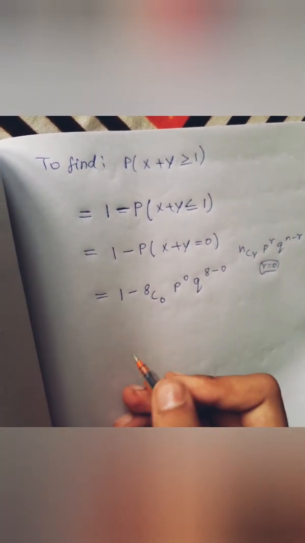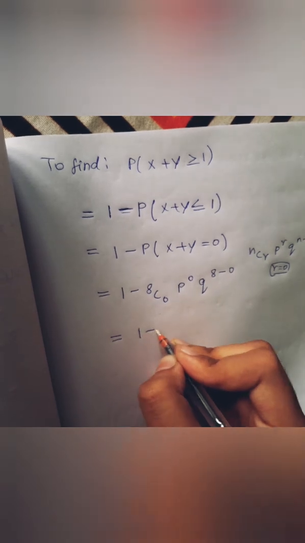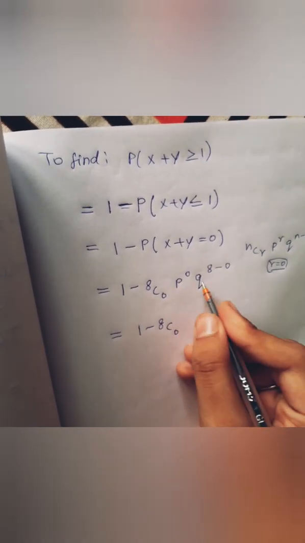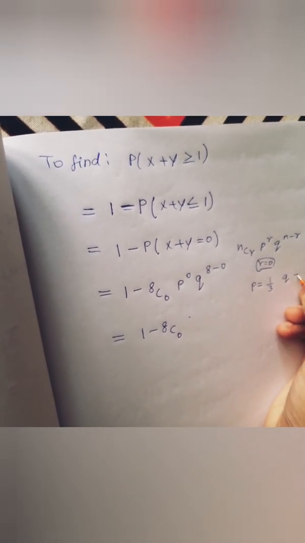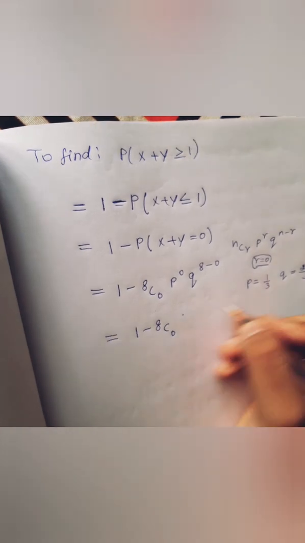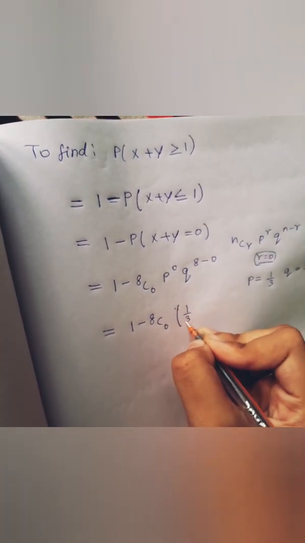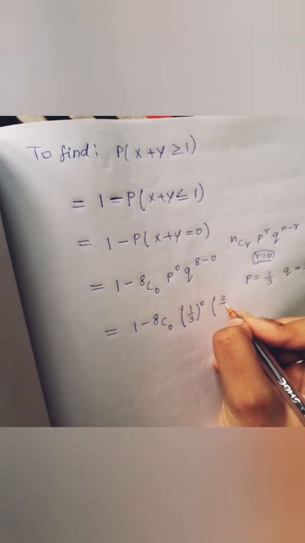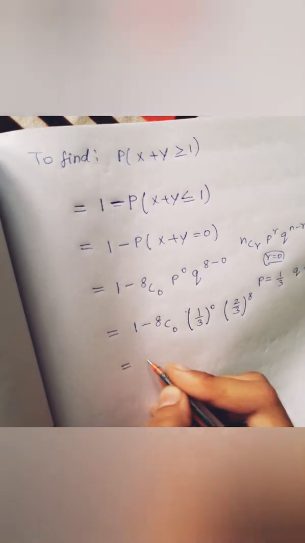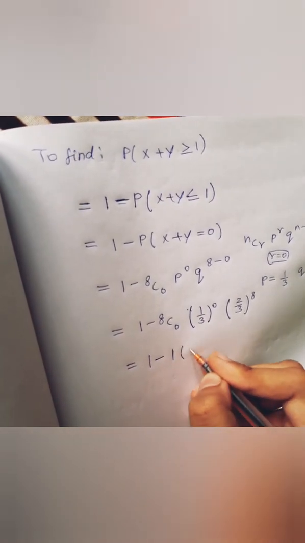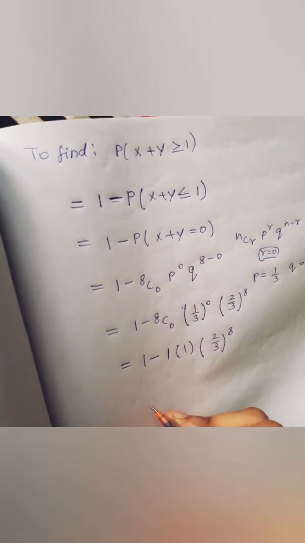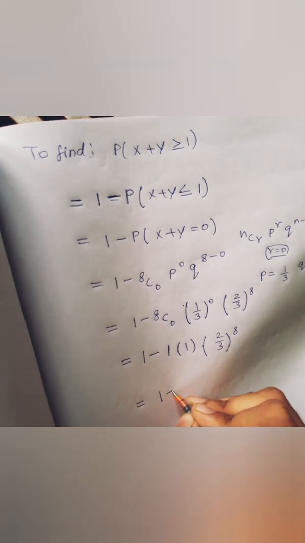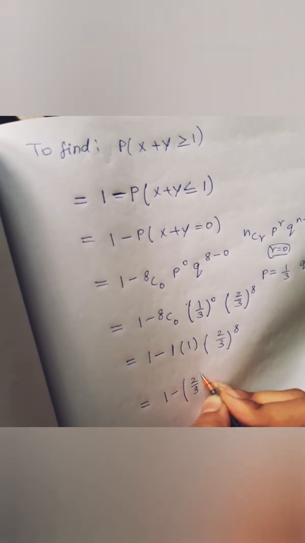So after applying we will get 1 minus 8C0, p power 0 will become 1. (1 by 3) whole power 0, that is p, and q is 2 by 3, so that we are applying there. (2 by 3) the whole power 8, then 1 minus it becomes 1, and then (2 by 3) the whole power 8 is equal to 1 minus (2 by 3) the whole power 8.